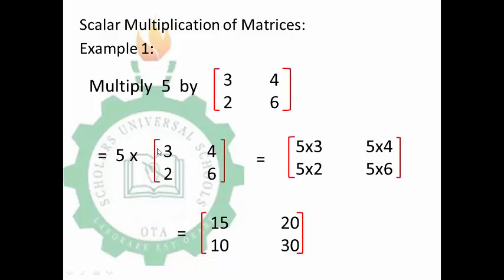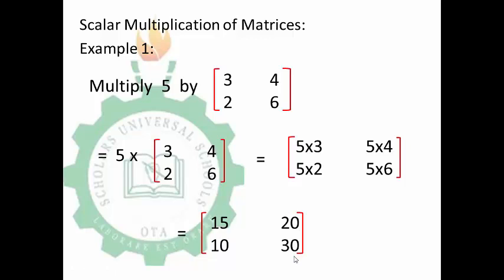Just like we did the other time, 5 times 3, 5 times 4, 5 times 2, and 5 times 6. So your answer will be 15, 20, 10, and 30.